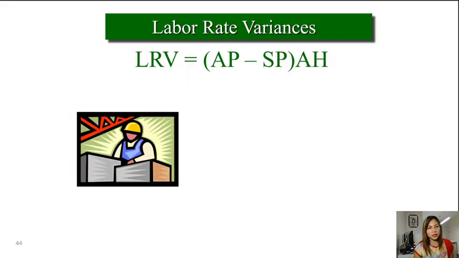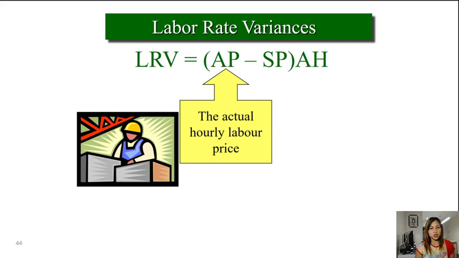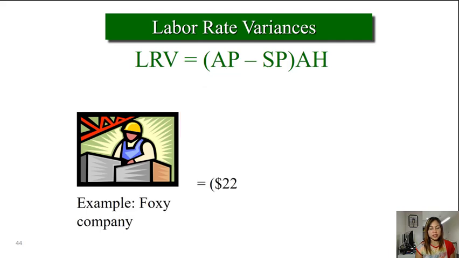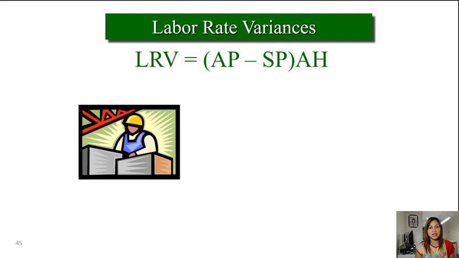To calculate the labor rate variance, we focus on the price or cost of resources. So actual price minus standard price. The actual hourly labor price in this example is $22 for Foxy Company.